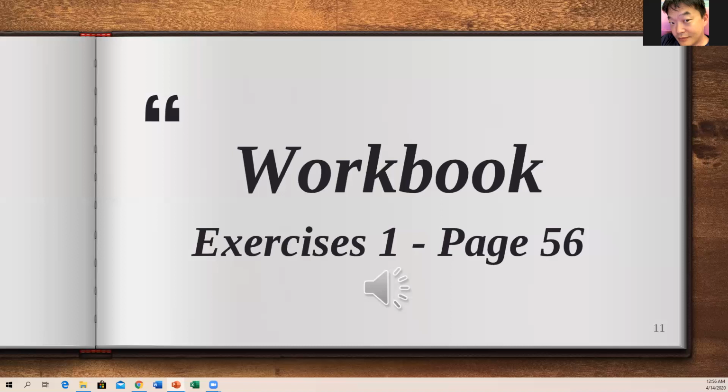Let's go to number three. How often does the train go from San Diego to Los Angeles on weekdays? How often? So I want to know the frequency. And now the answer is B, 4 times a day. The correct answer is letter B, 4 times a day.